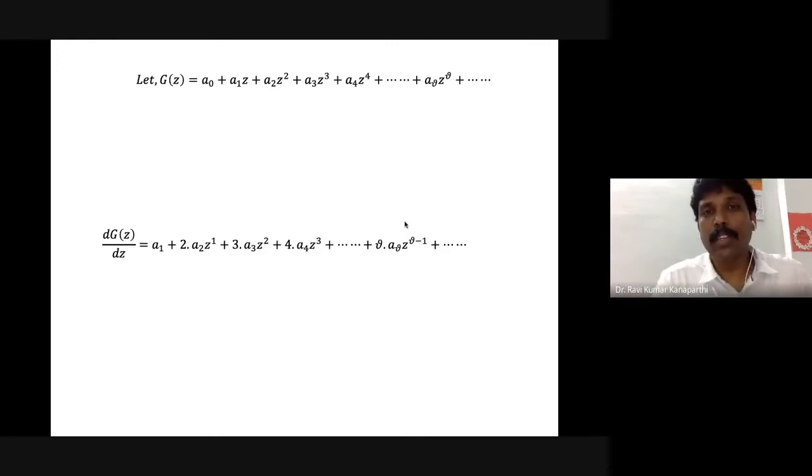The coefficients are simply introduced as a0, a1, a2, a3, and so on, which are to be determined. If we can determine the coefficient values, that means we got g of z. So to get g of z, we follow the power series method. First we calculate the first derivative, because in the differential equation there is a first derivative. So we can calculate the first derivative.